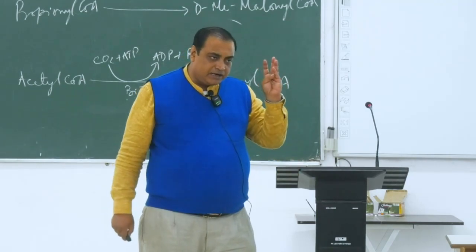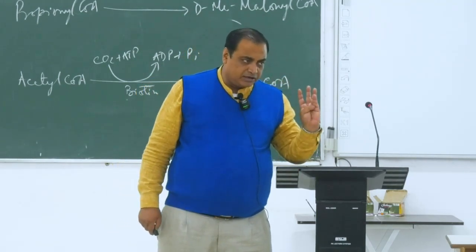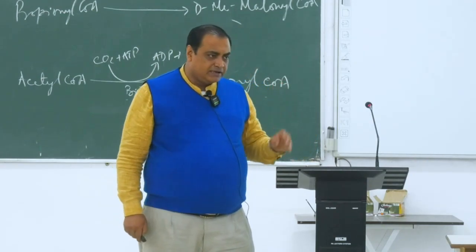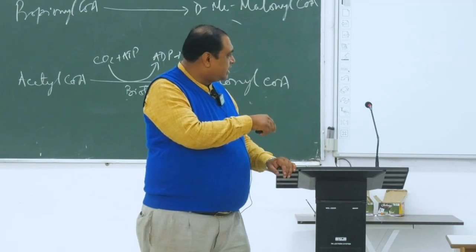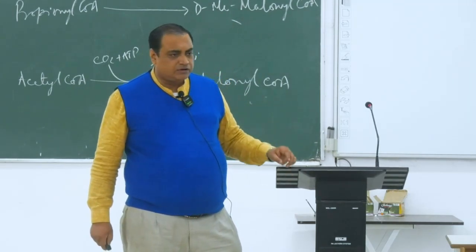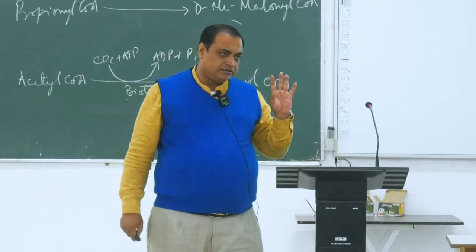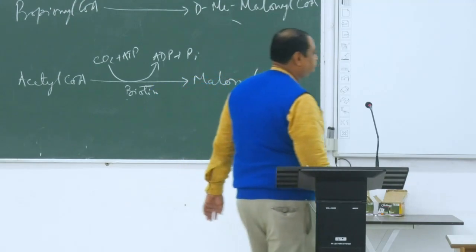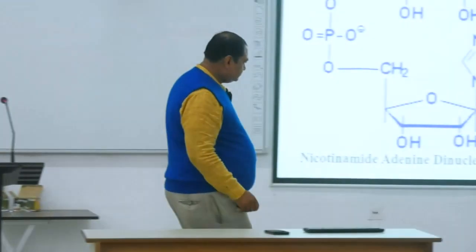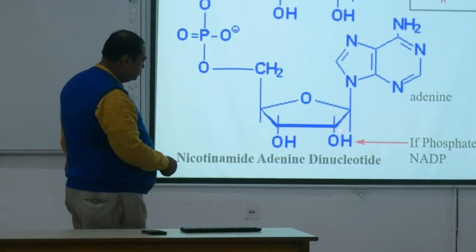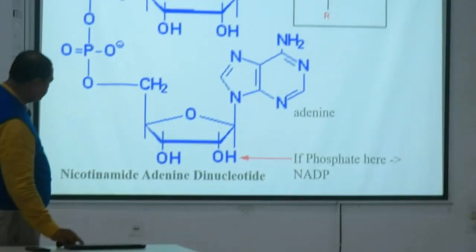Nicotinamide is one nitrogen base, adenine is another nitrogen base, two ribose and two phosphate groups. Clear? That's why it is called dinucleotide. If it is NADP, then phosphate is attached here, at the 2' hydroxyl group.